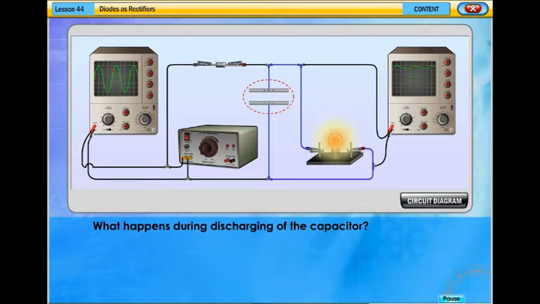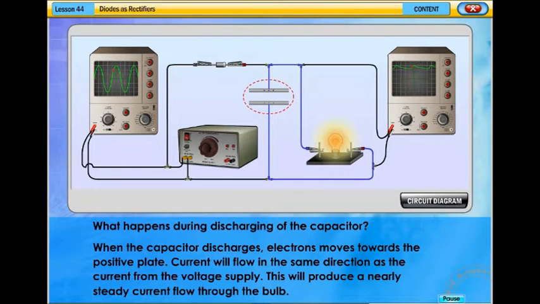What happens during discharging of the capacitor? When the capacitor discharges, electrons move towards the positive plate. Current will flow in the same direction as the current from the voltage supply.